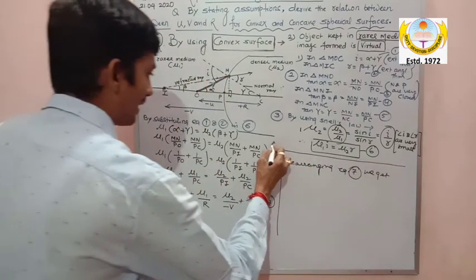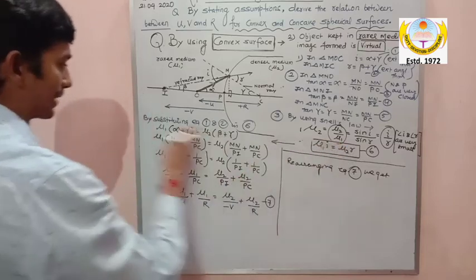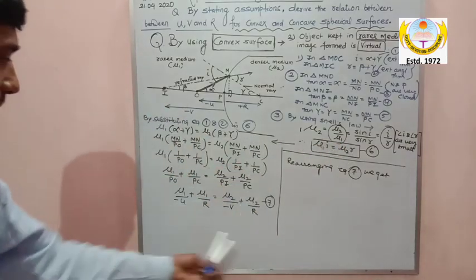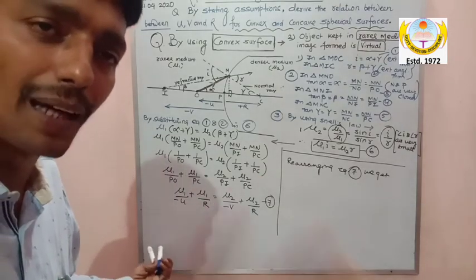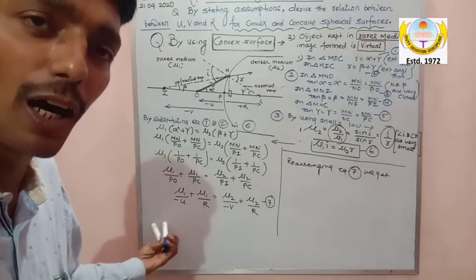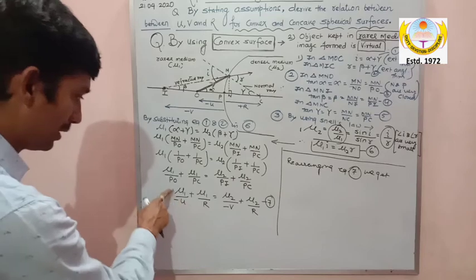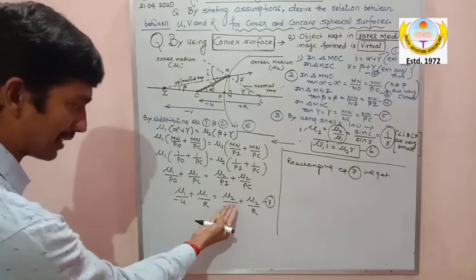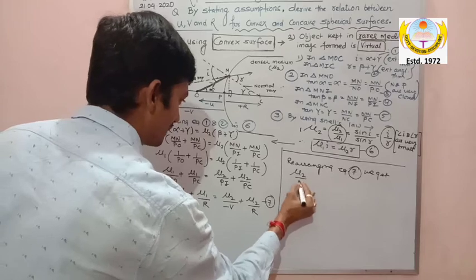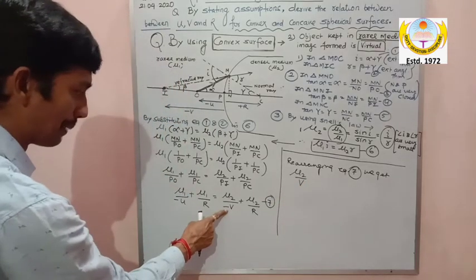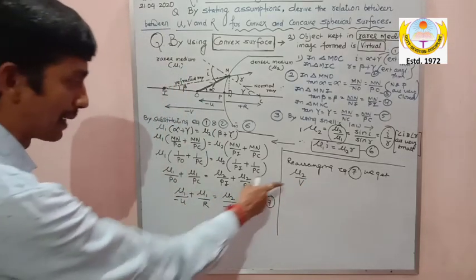So as soon as I rearrange equation 7, after 6 I have done here, I told you, take all u and v on one side and take R on one side. So here u is already here, I will bring this v on this side. So this will be mu 2 by v, because it is in minus; when it comes to this side, it becomes plus.